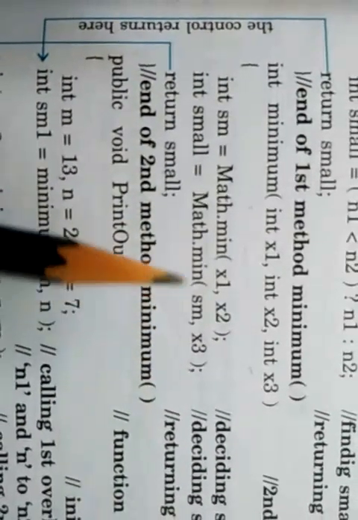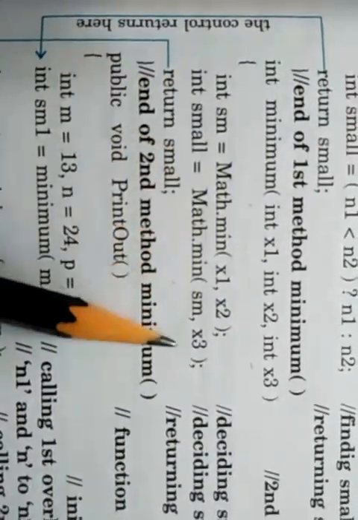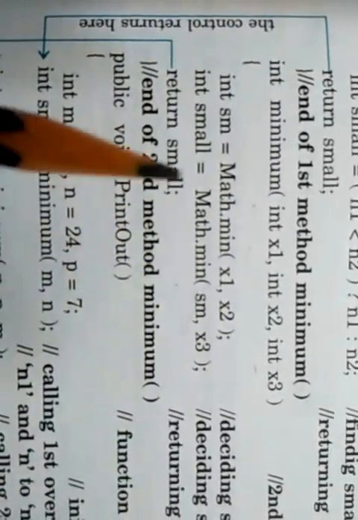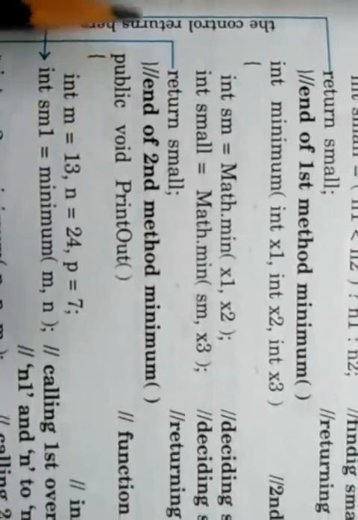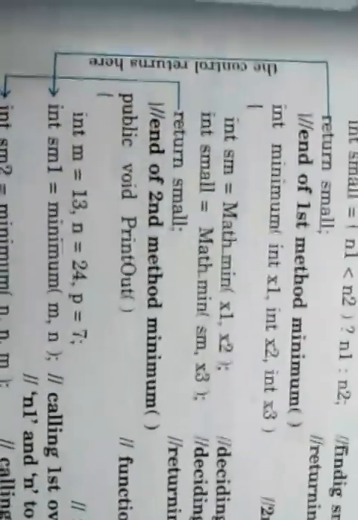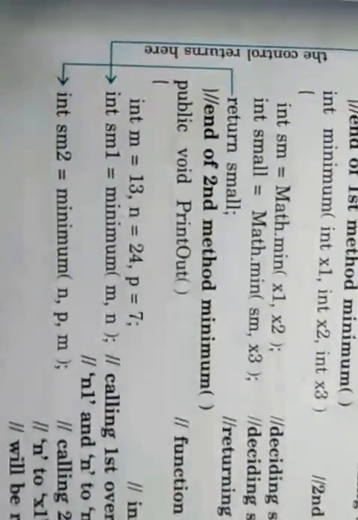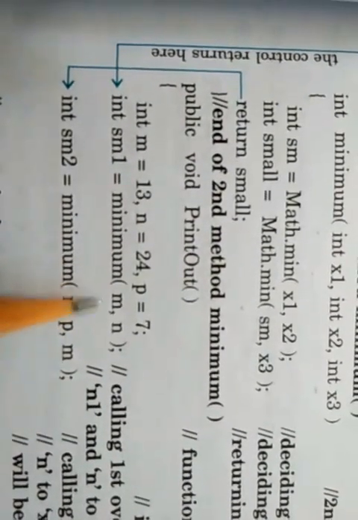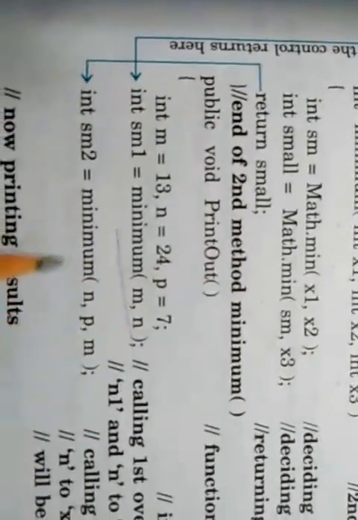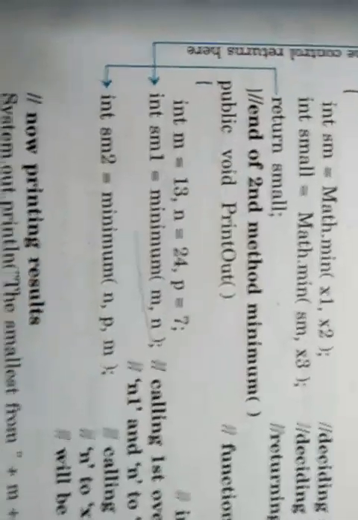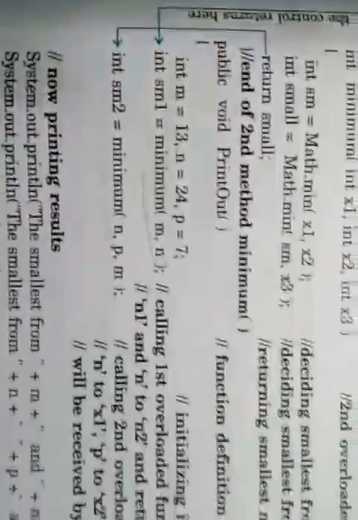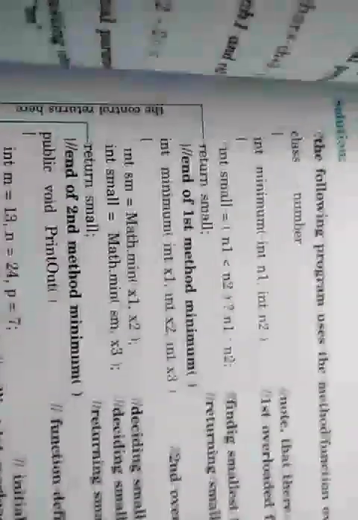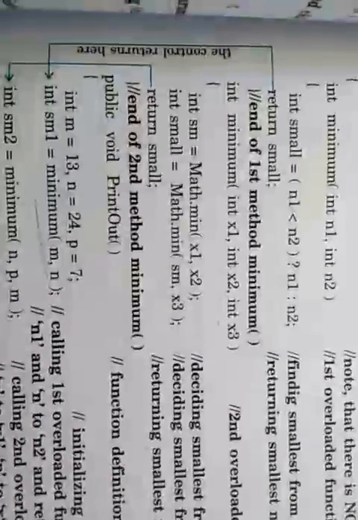So finally we will get the minimum number between x1, x2 and x3 in small, and here we are returning the value of small. So this is the function calling statement. In the first we are passing two parameters, in the second we are passing three parameters. So this is also one of the best examples of function overloading. So in function overloading we can also use different parameters.